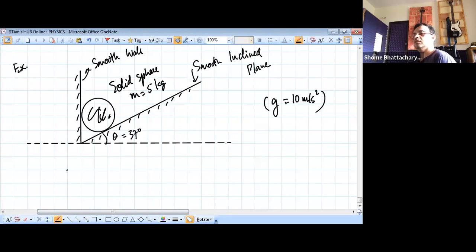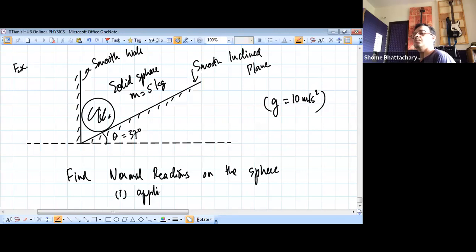So find the normal reactions on the sphere applied by the inclined plane and the wall.